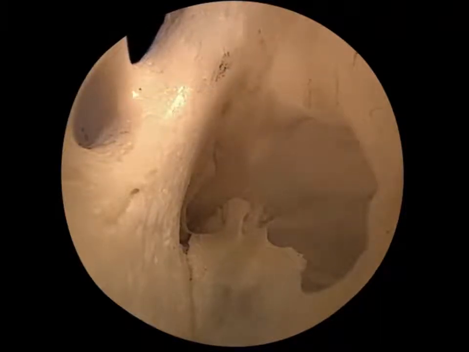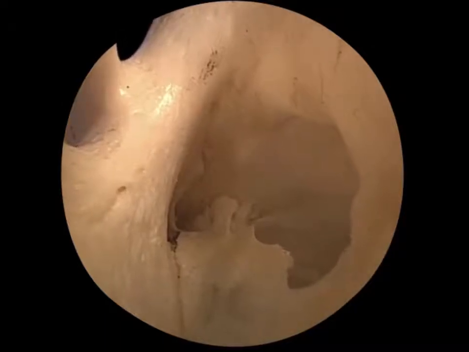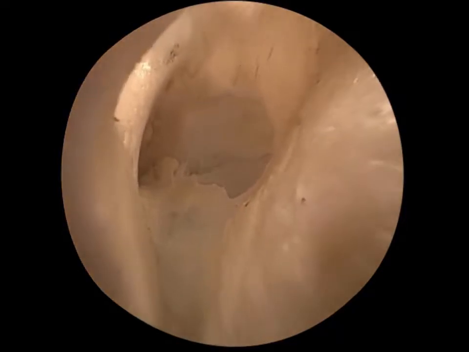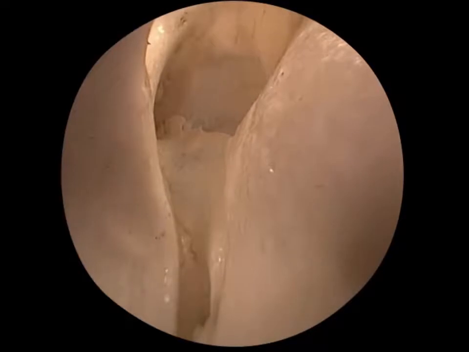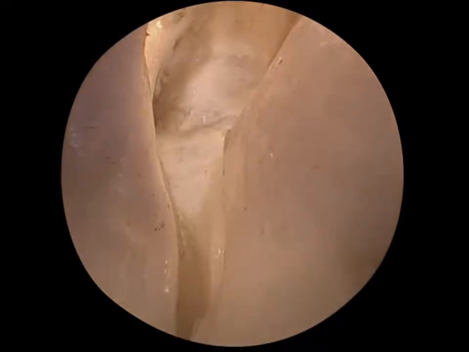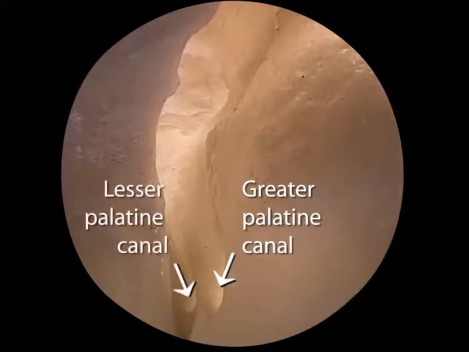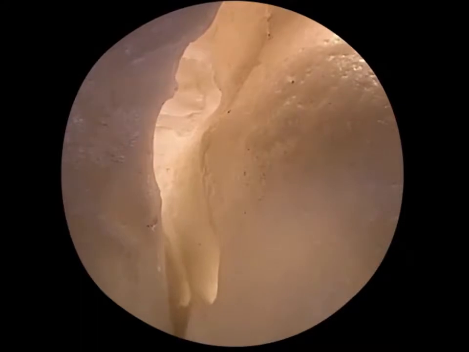The maxillary nerve, V2, emerges through it, immediately dividing into its branches. As we come out laterally and look downward, we can see the openings for the greater palatine and lesser palatine canals, for the correspondingly named nerves and blood vessels.